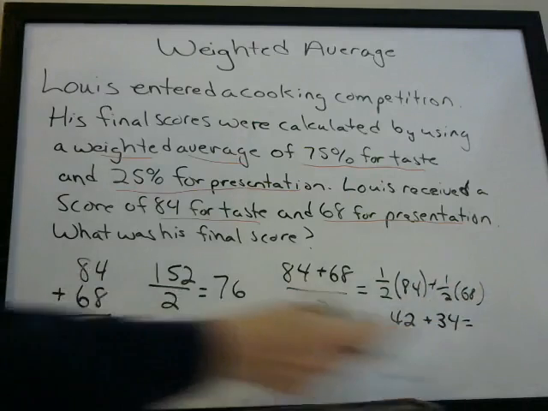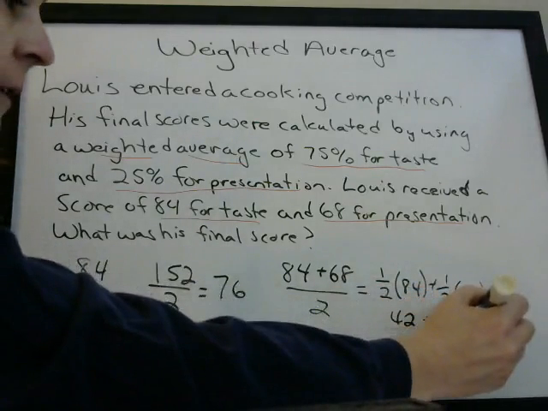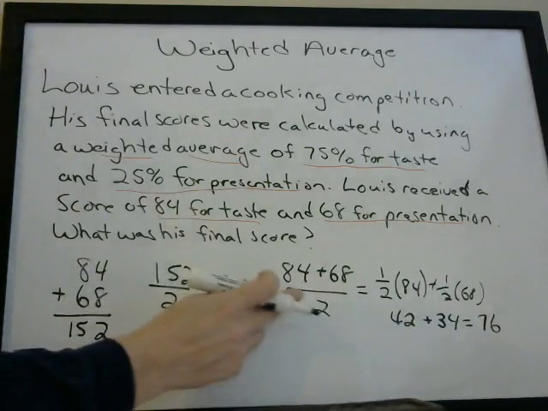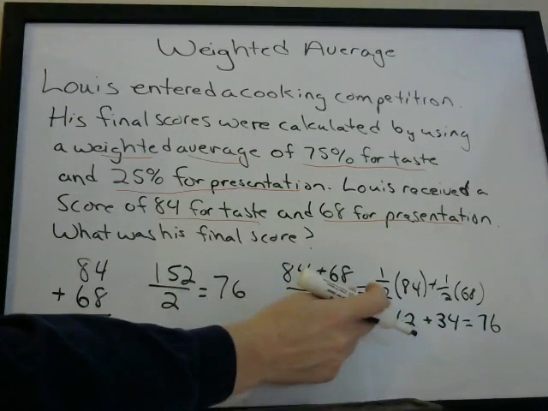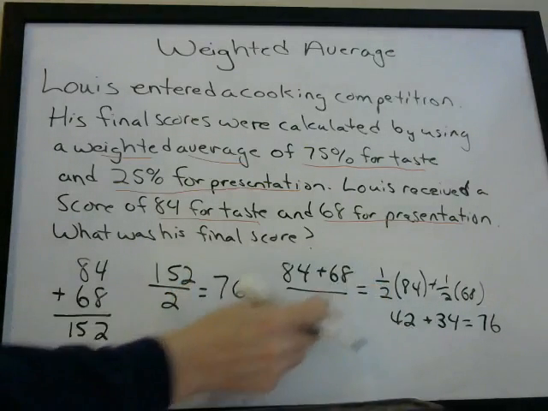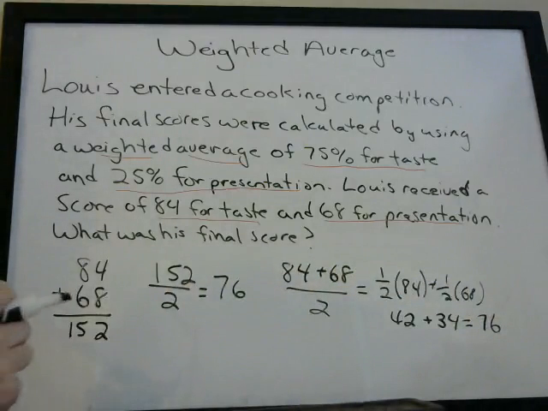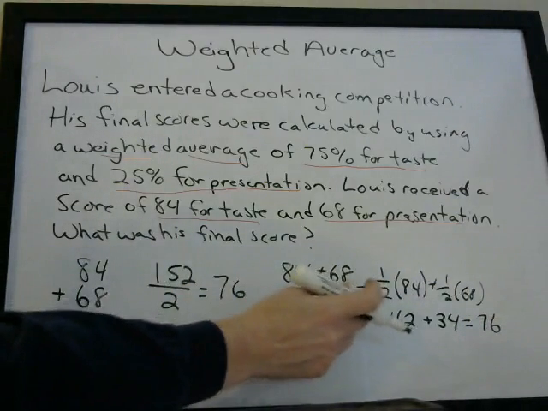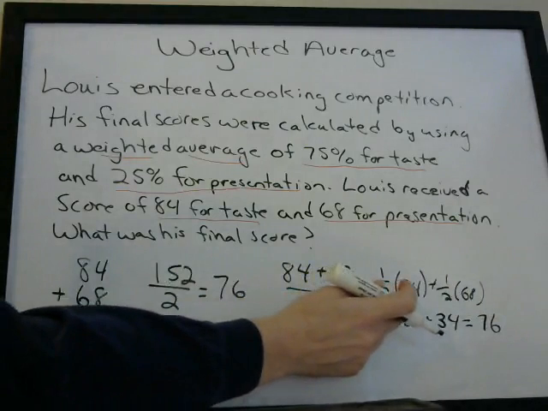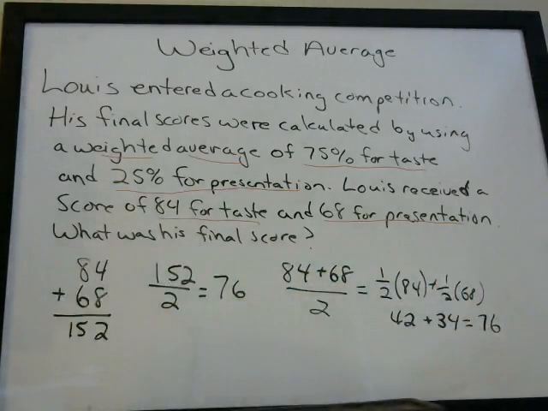And again, you're going to end up with 76. So you just take this 1/2 through each one of them, 1/2 times 84 plus 1/2 times 68. Here we're just doing the regular mean, but we're weighting each of them by a half. They're both equal, or 50%.